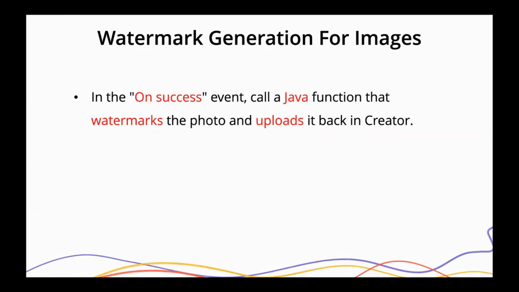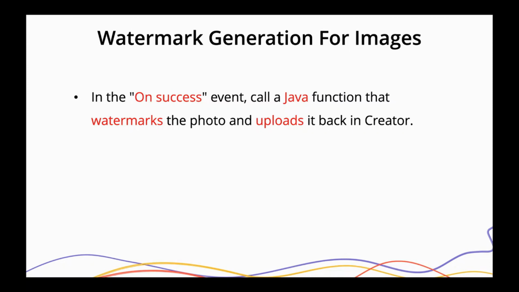So those kinds of abilities are being brought in. However, watermarking an image, which is nothing but imprinting a logo or custom text on an image, is not possible, right? And there is no default functionality in Creator that will be able to do that operation as well. So cloud functions using Java especially can be used to perform such an operation.